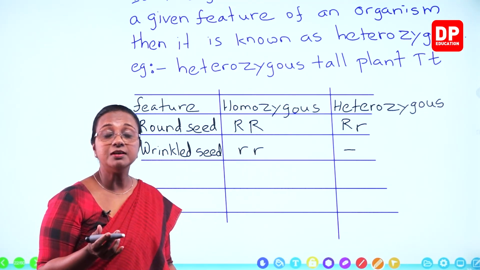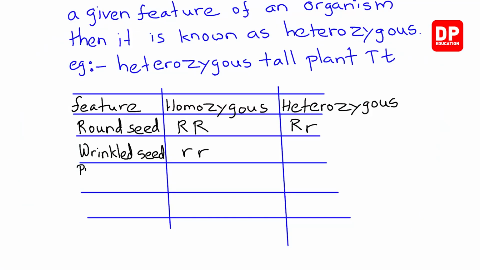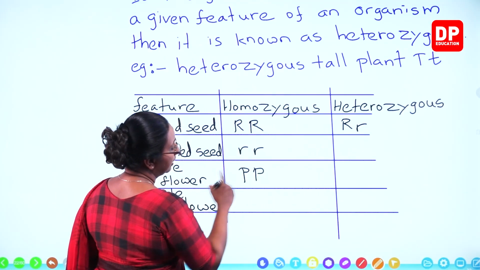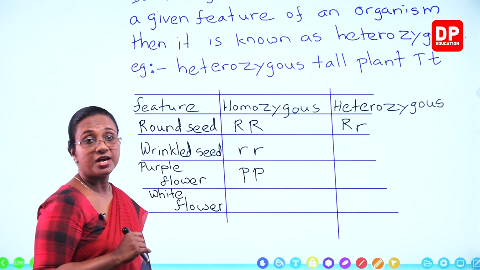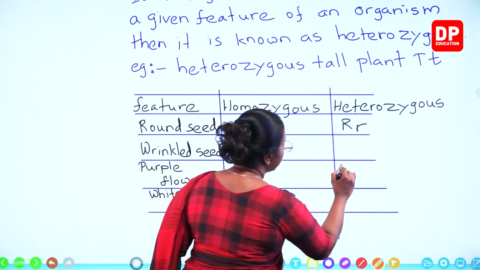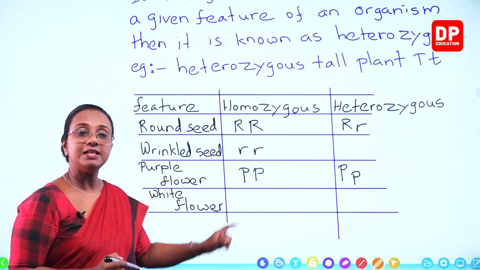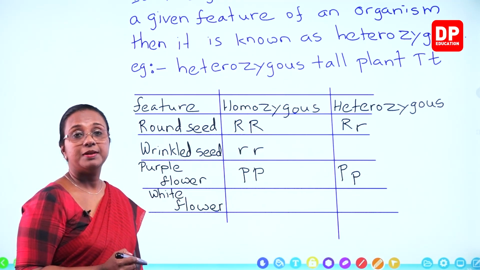Same goes for, let's say, the color of the flower. Color of flower, purple flower, white flower. So purple flower, capital P, capital P. It has a heterozygous condition, capital P, simple P. But still it is the purple flower.